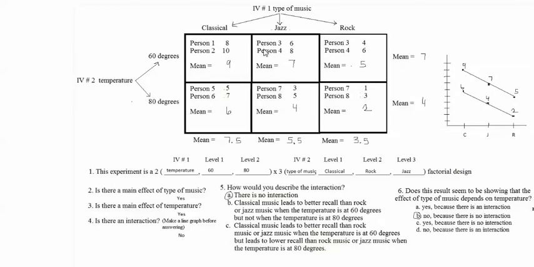Here we have a 2 by 3 design, 2 temperatures and 3 types of music. And I just filled all of those in right here. To find out if there's a main effect of type of music, you have to compare the 3 averages for the 3 columns.